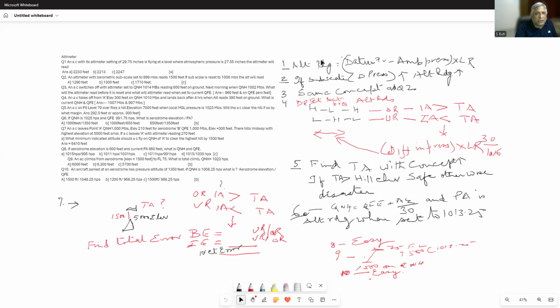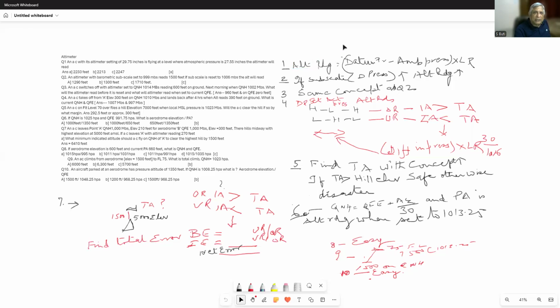This altimeter reading, to remind you, when measured from QFE, that is the aerodrome pressure, is called height above ground level. Measured from QNH, it is called altitude above mean sea level. Measured from 1013.25 datum, it is called pressure altitude.